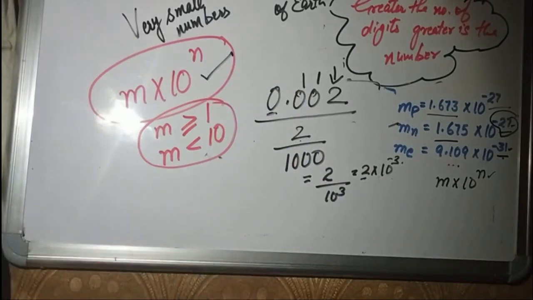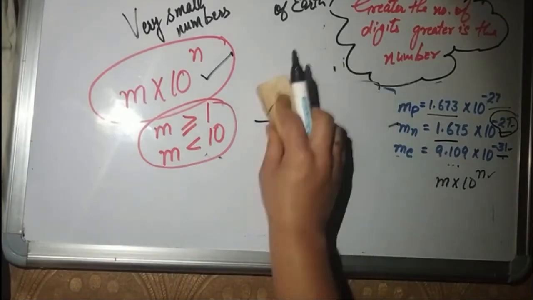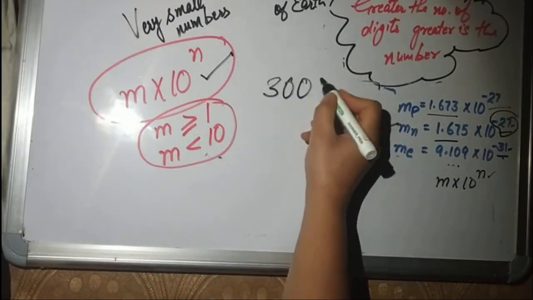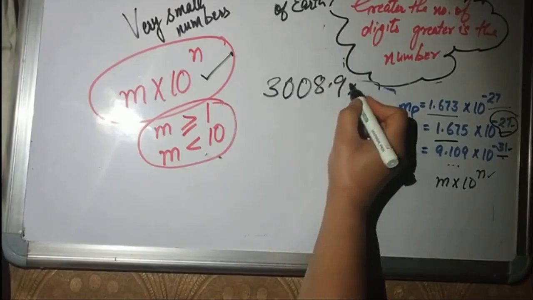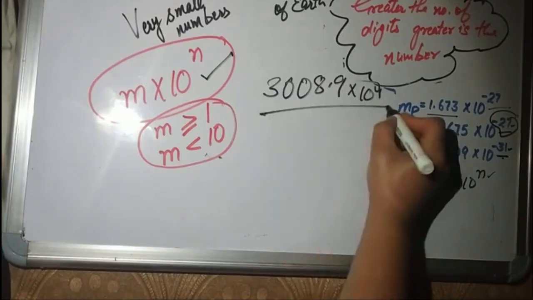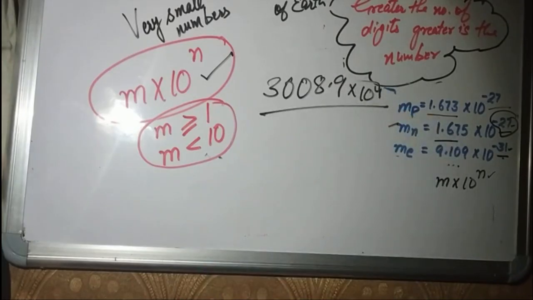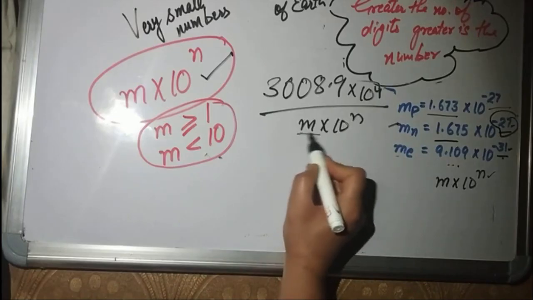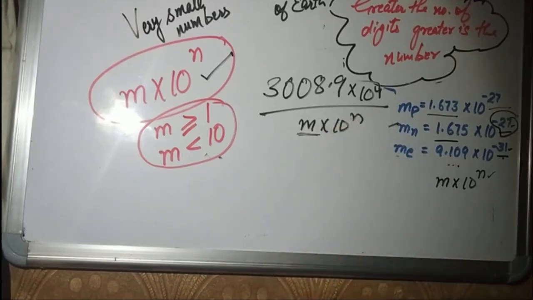And if you have a number like 3008.9 into 10 raised to power 4, suppose this is a number. Is it in scientific notation? No, because it is in m into 10 raised to power n format, but m is not a ones place digit only.